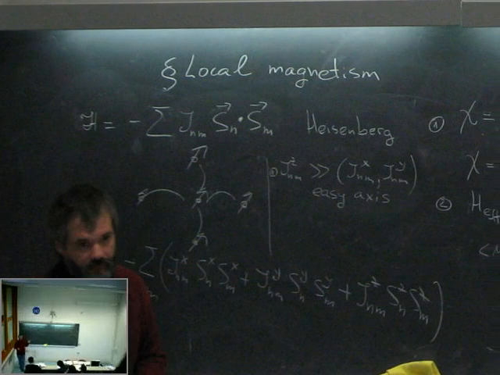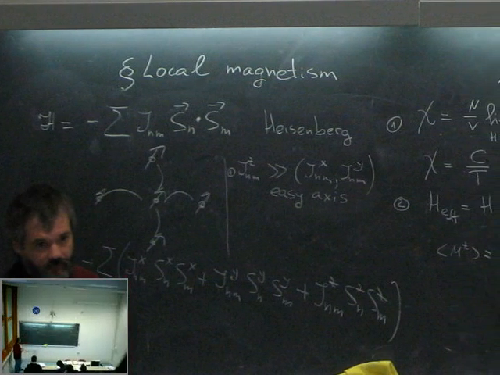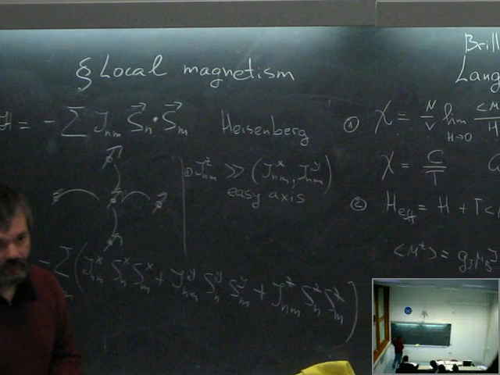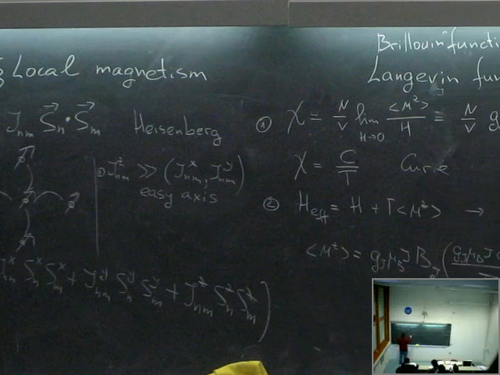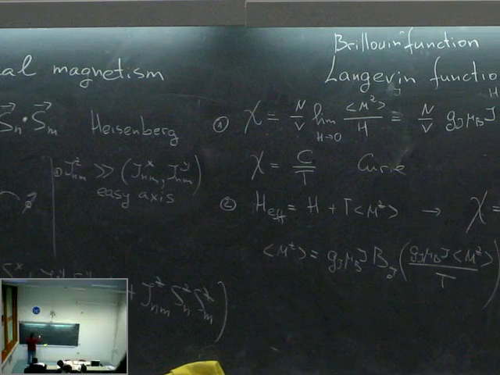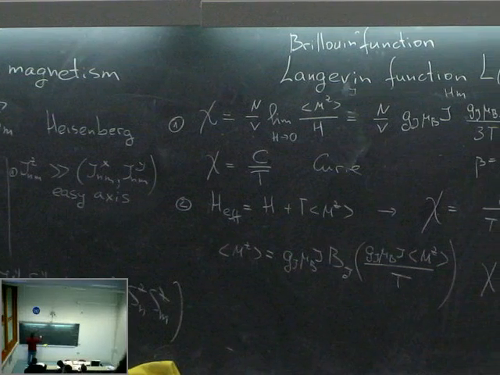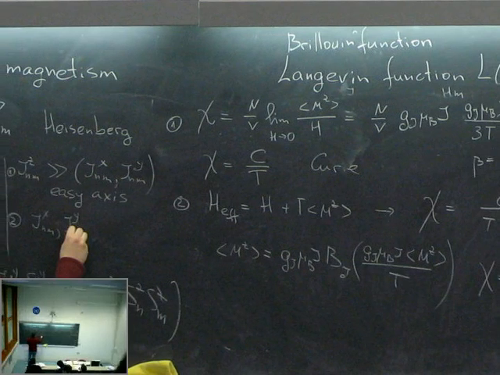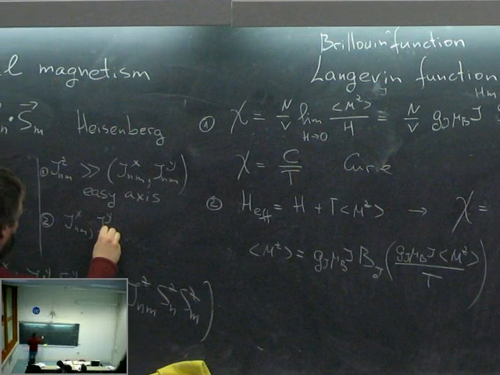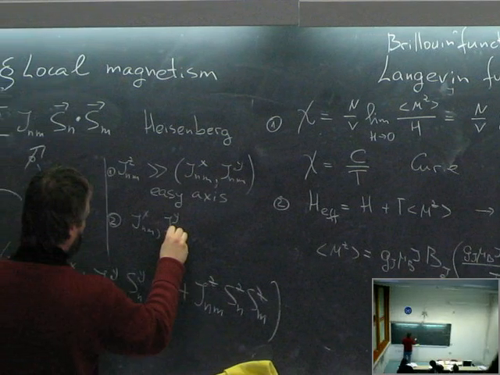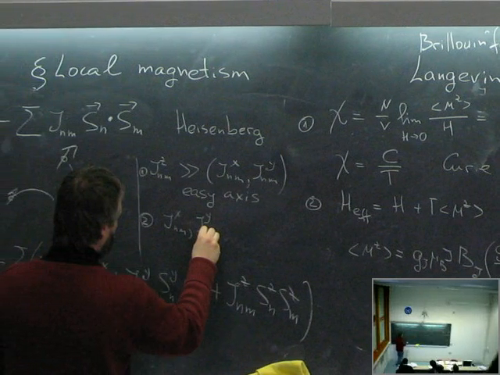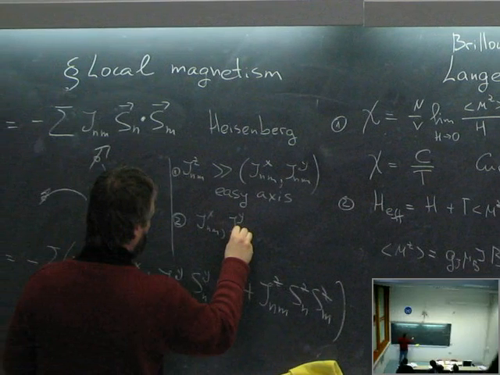And again, in the literature, you will meet this terminology quite widely used. On the other hand, if we have oppositely J^x_nm and J^y_nm much larger compared to J^z_nm, then we have easy plane.